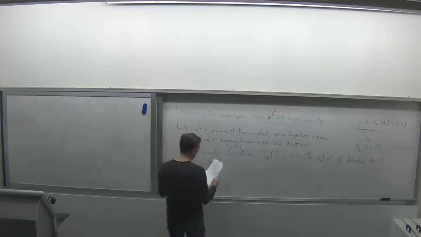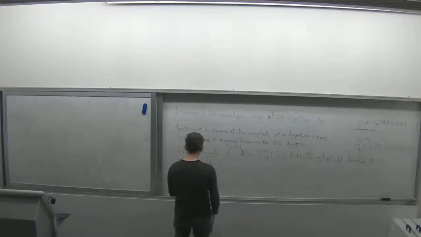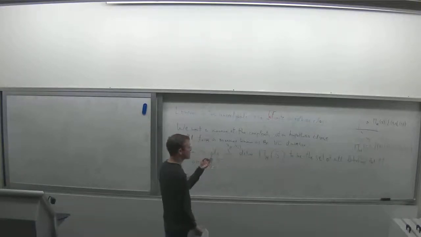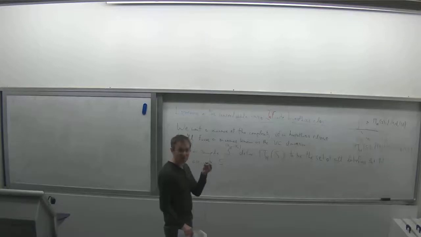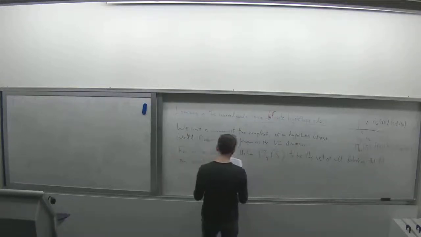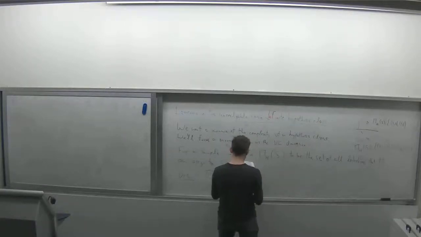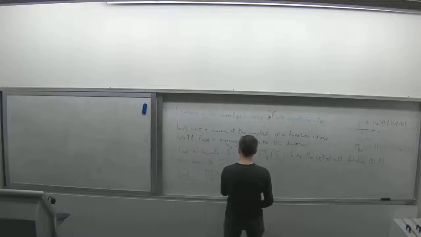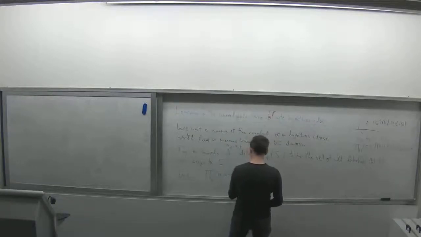So now I will define. What I'm really interested in is not the labelings themselves, but their numbers, the number of different labelings. So let's call it pi h n, which is the maximum number of possible labelings.